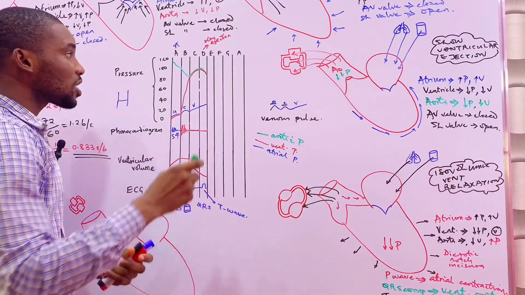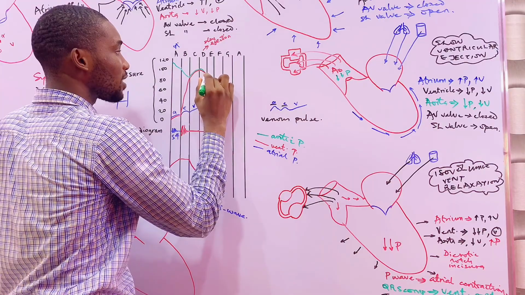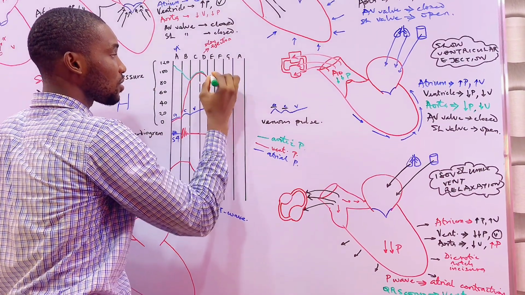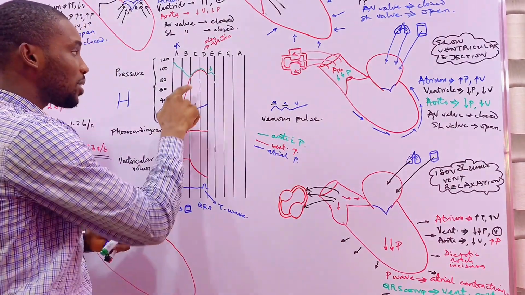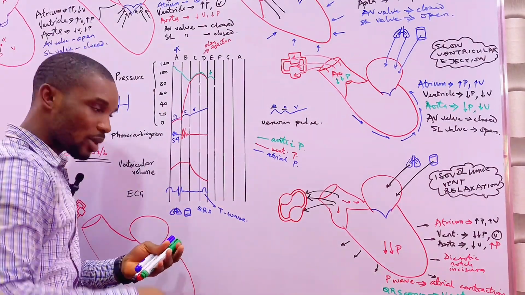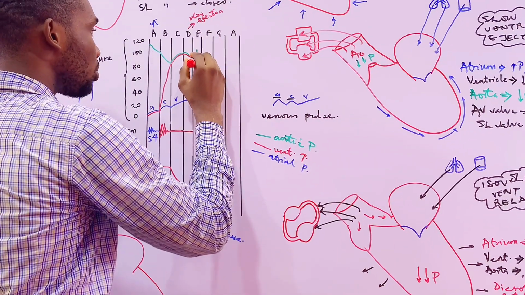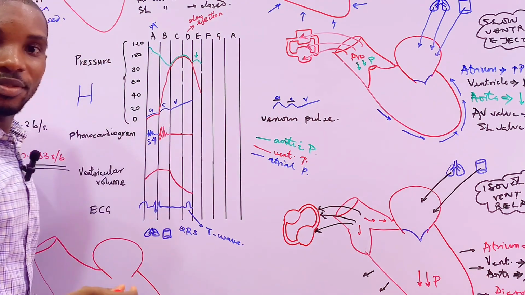Let's represent this on the graph. For the aortic pressure, remember our green is the aortic pressure, we have our dicrotic notch, just a little bulge, or incisura, right? Now, how about our ventricle? The ventricular pressure is steeply going down so drastically.